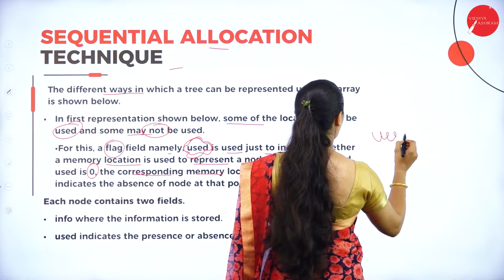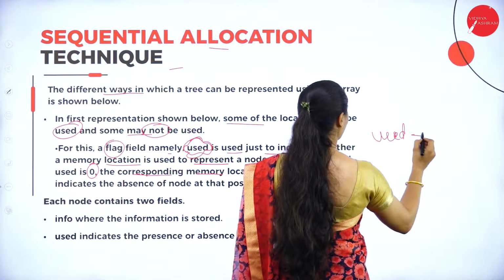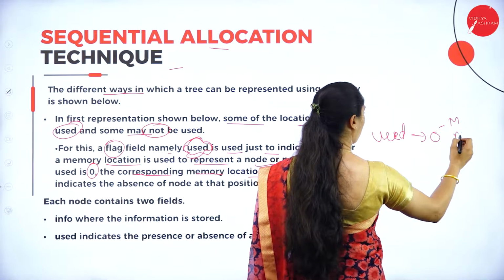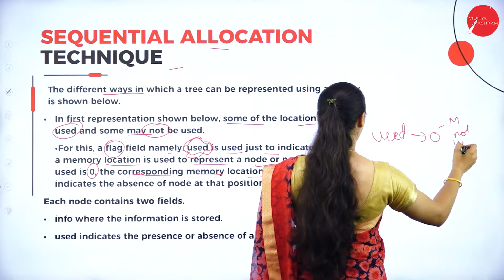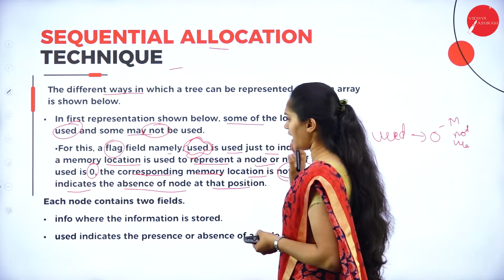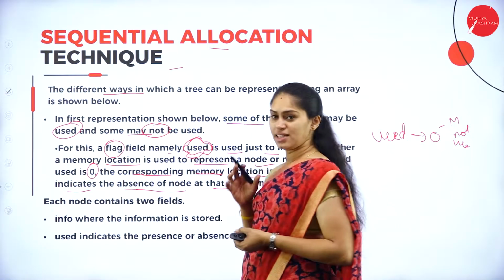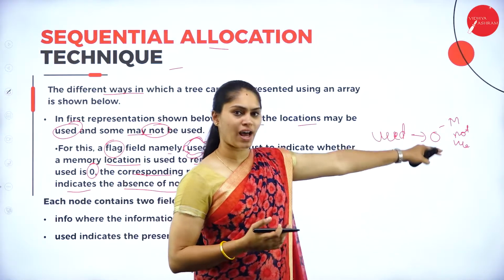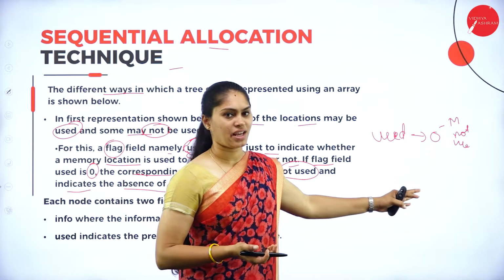If the used flag value is 0, then we can say that memory is not used, which indicates the absence of a node at that position. If this flag value is any other value, or if the used value is non-zero, then we can say that memory got utilized.